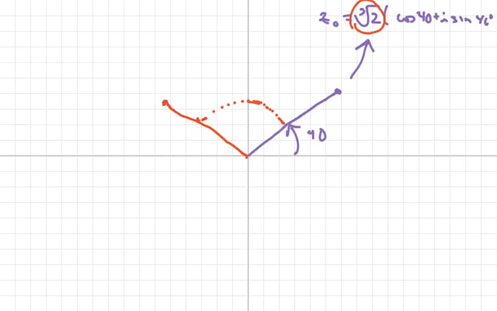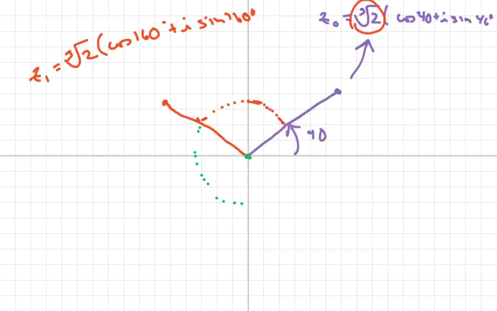So that's z_1, which, if you recall, is cube root of 2 times cosine of 160 plus i times sine of 160. All right, and then for the last one, it's 280. So we're going to add 120 again. 280 is very close to 270. So there it is.